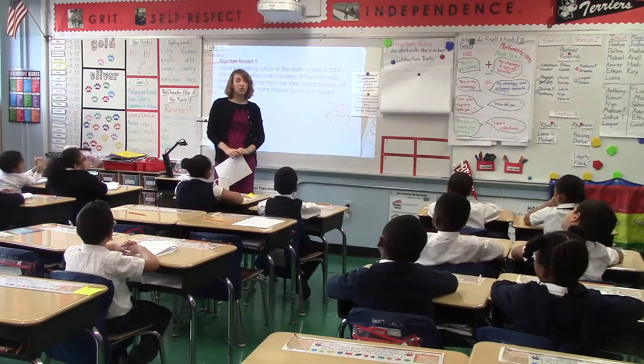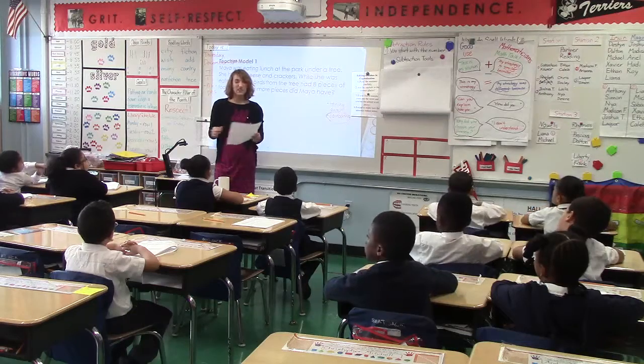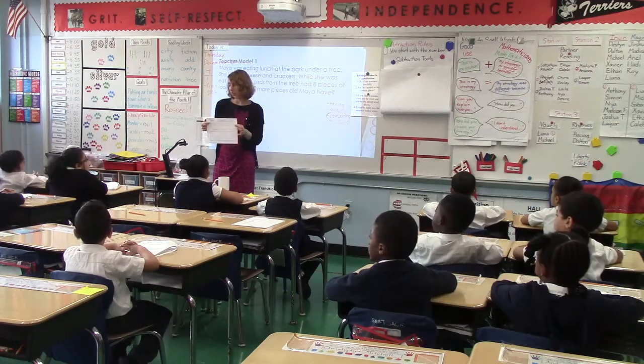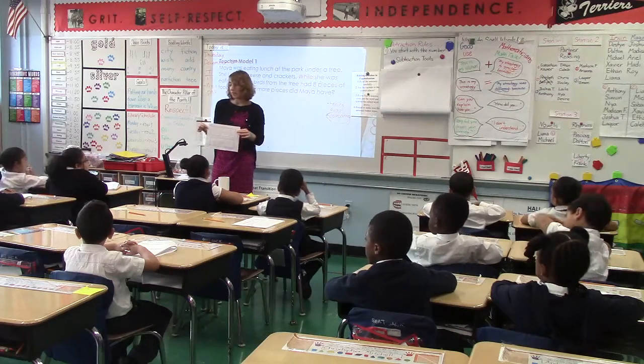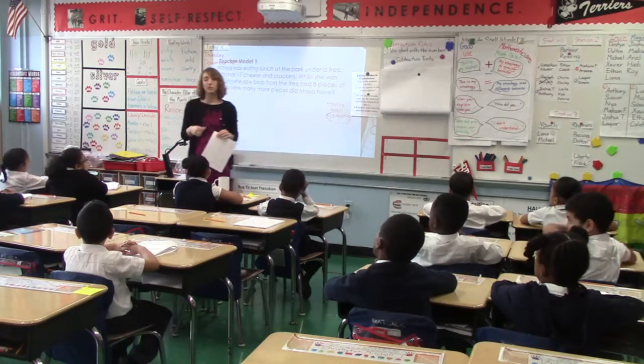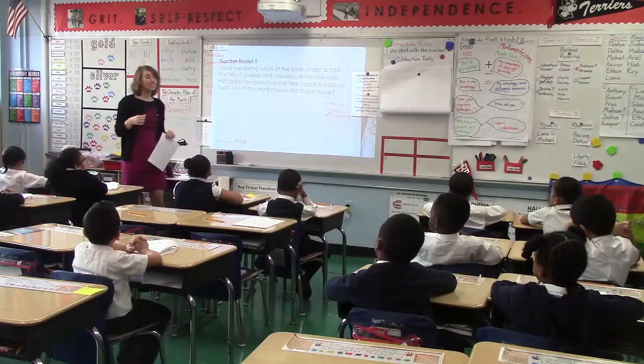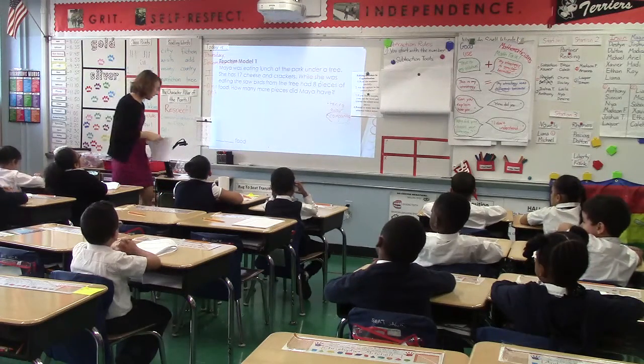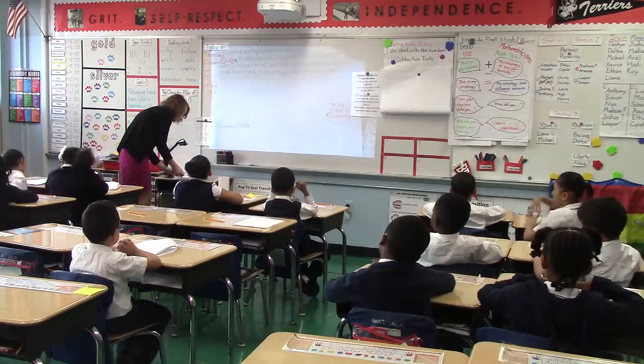Think about the using of 10 frames. 10 frames have how many in them? Each 10 frame holds 10. So think about that when you tell your partner why I stopped at 10. In a small voice, go ahead. She stopped at 10 because.